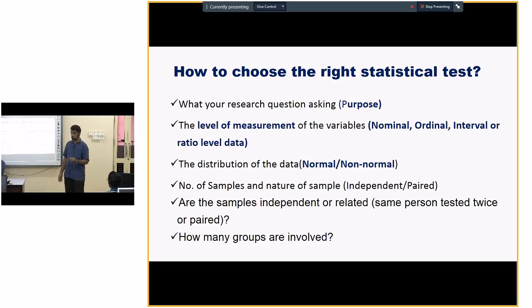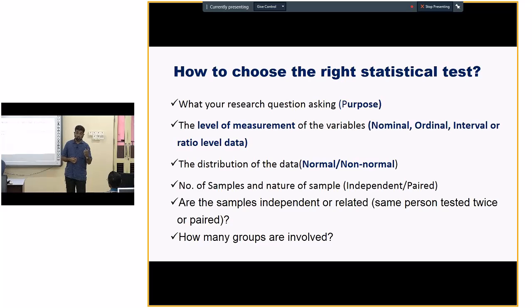Not only two. At that time, you can test the differences between groups or among groups. Then we can use analysis of variance, ANOVA, to measure the differences, right? We cannot use independent sample t-test.